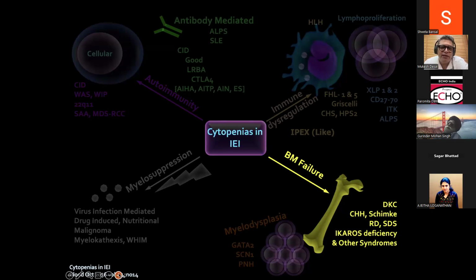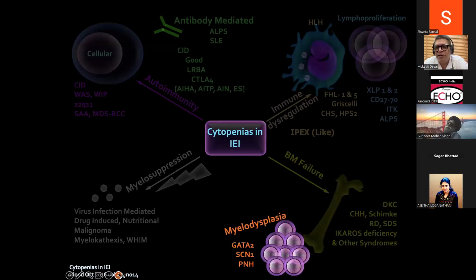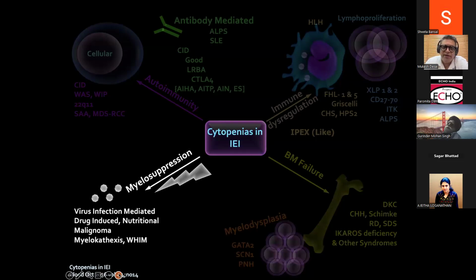So those who are in immunology proper will also have to know about these disorders, and they would realize that a lot of them can sometimes mimic immune cytopenias, or they may be combined with an immune cytopenia. So you need to be aware of it. Myelodysplastic syndrome, especially GATA2 deficiency, you should be especially aware, can come with autoimmune cytopenias as well as myelodysplastic syndrome. And then you have susceptibility to infection and malignancies, which can all make you prone to getting cytopenias.